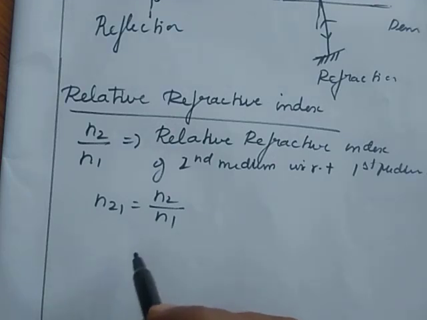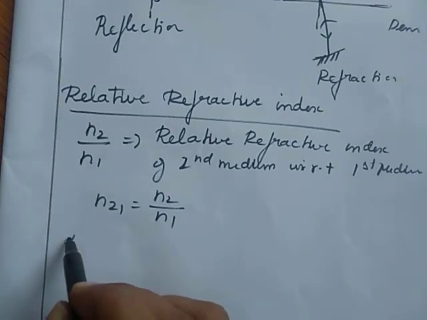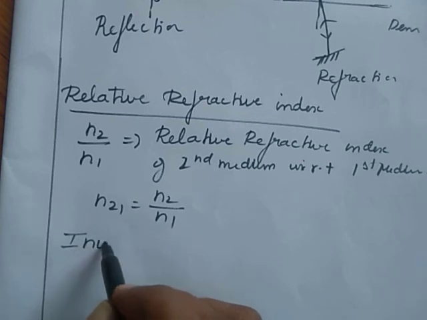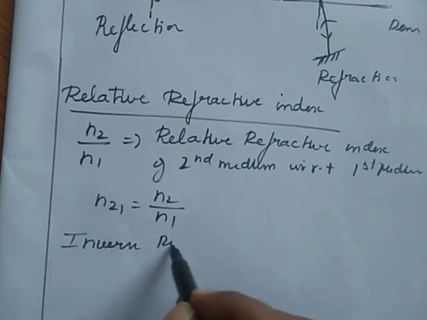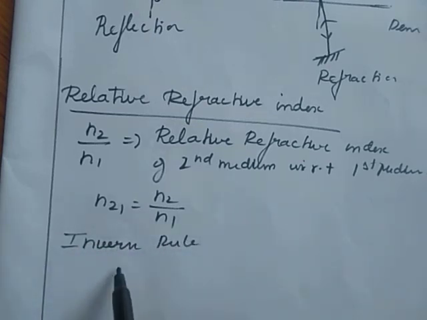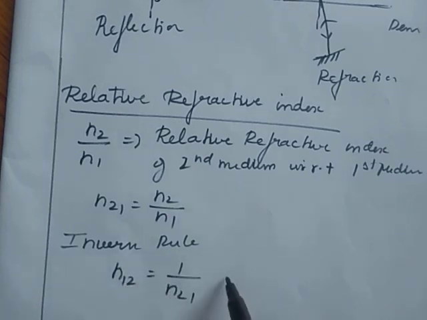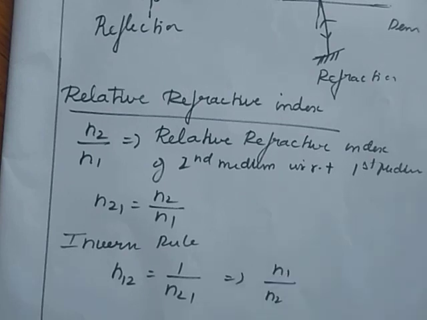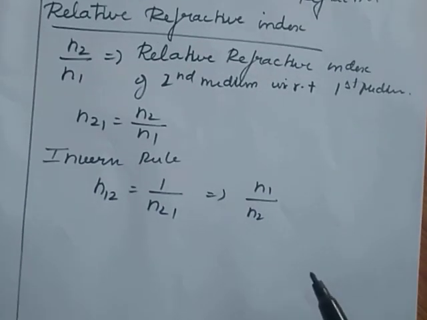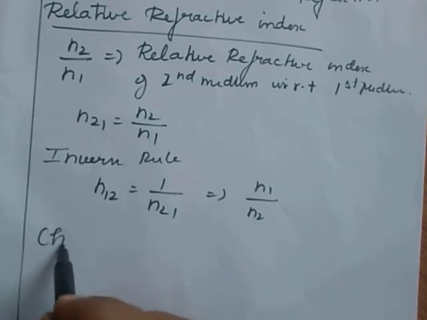We can use it for two rules, that is the inverse rule and the chain rule. Inverse rule: n12 can be written as 1 by n21, which we can write as n1 by n2. This is the inverse rule. One more rule is there, that is the chain rule.